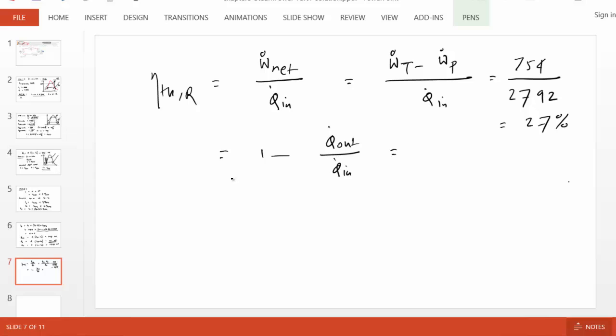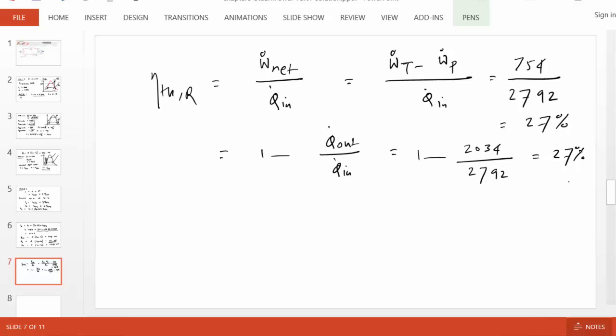If we go this way, we can also find the same. Q dot out is 2034 and Q dot in is 2792, and this will also produce 27%.